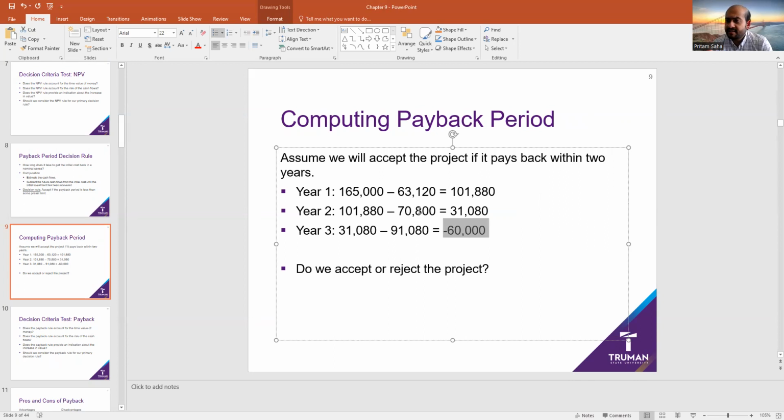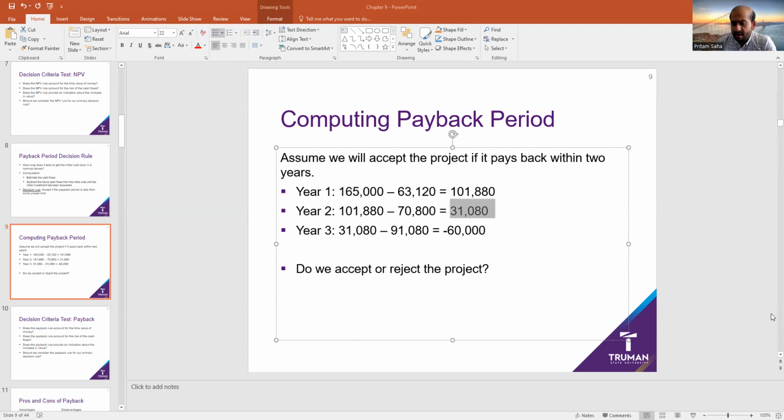Now, if we ask you exactly how many years it takes to cover your initial investment, the answer is 2 years plus a fraction, because at the end of year 2 your initial investment is not yet covered. You have $31,000 left and you get $91,000 from the project in year 3.